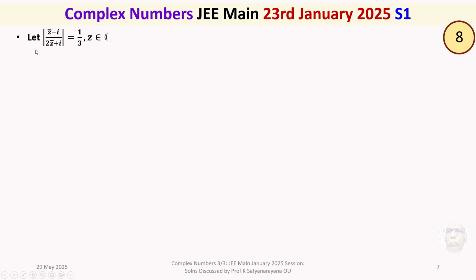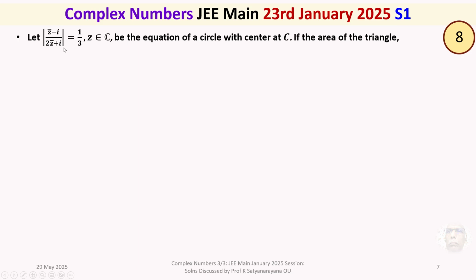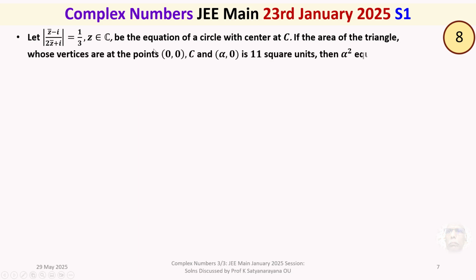The given question is: modulus of (z bar minus i by 2) over (z bar plus i) equal to 1 by 3, where z belongs to the set of complex numbers, is the equation of a circle with the center at C. If the area of the triangle whose vertices are at the points (0, 0), the origin, C, the center of the circle, and the point (alpha, 0) is 11 square units, then alpha square equals?